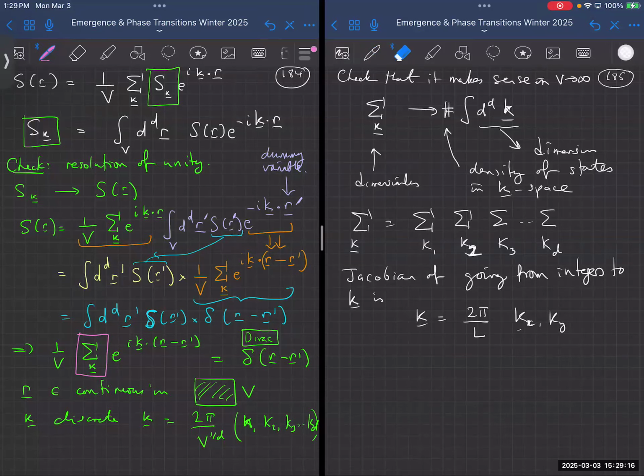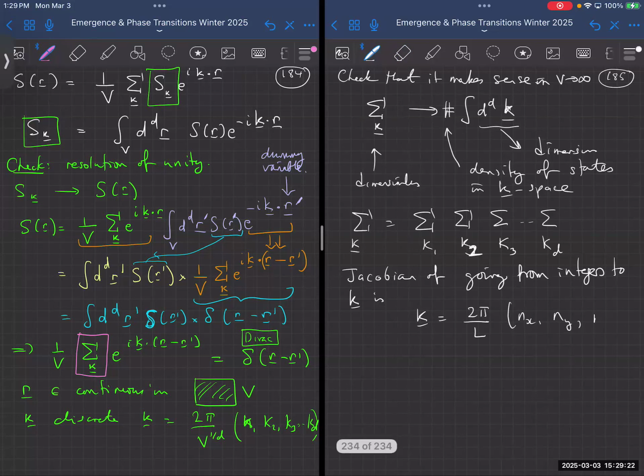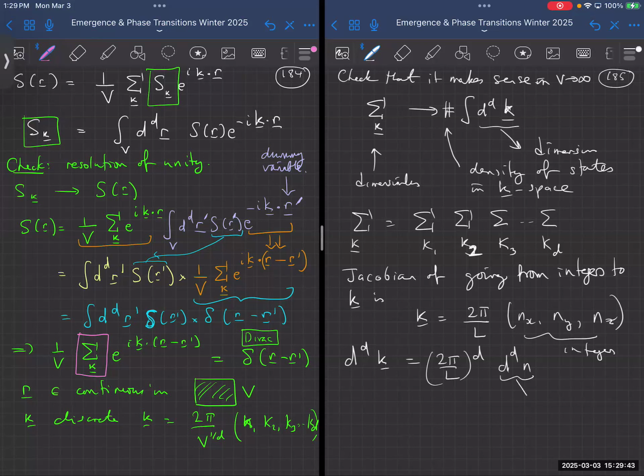Well, it's not kx, ky, kz. It's actually integers nx, ny, nz. These things are integers. And so dk is equal to 2 pi over L to the d times d of n. And these things are all 1 because you have integers.